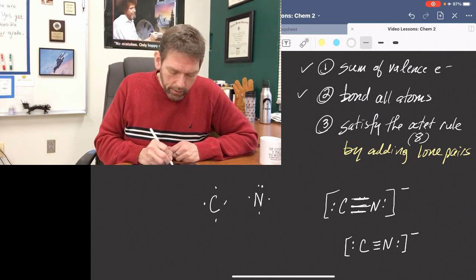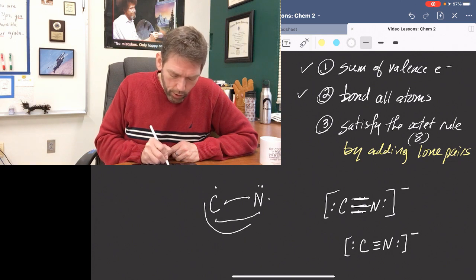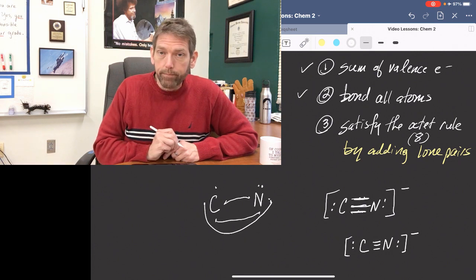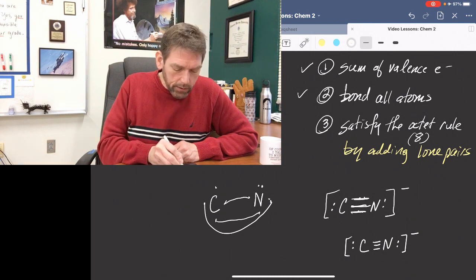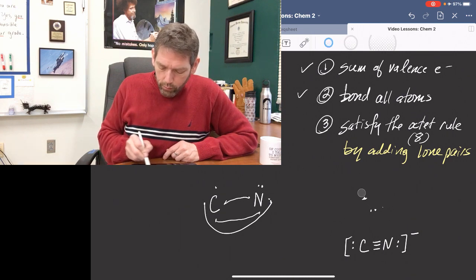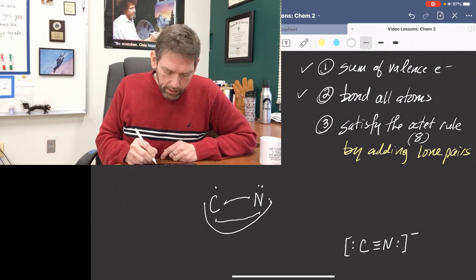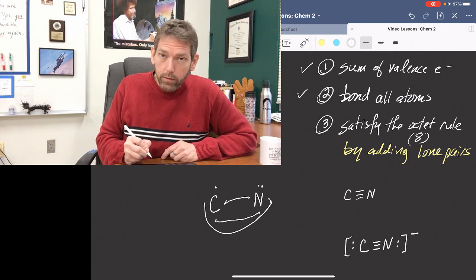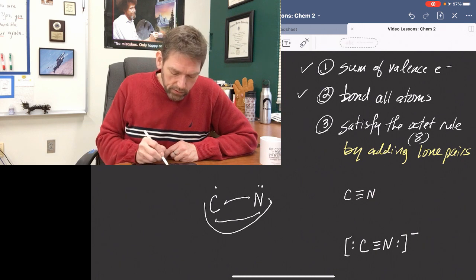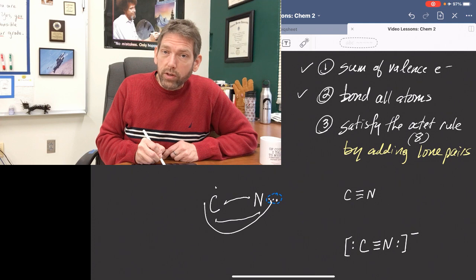So if we think about it, those paired up, and those paired up right there. So what that means is, and I'm going to erase this old one we don't need anymore, carbon paired up with nitrogen 3 times. And then this lone pair here basically shifted and pushed to the side.